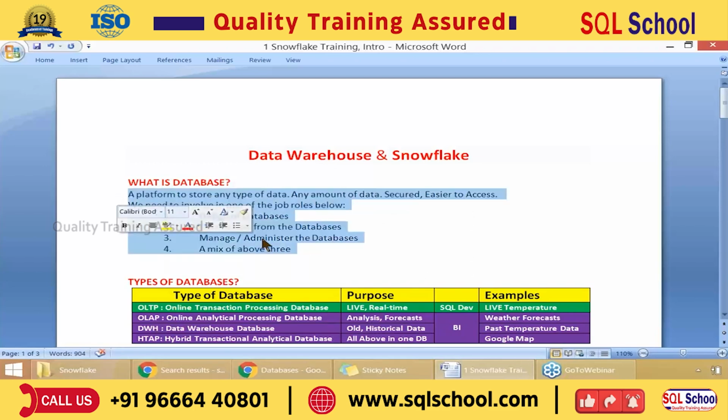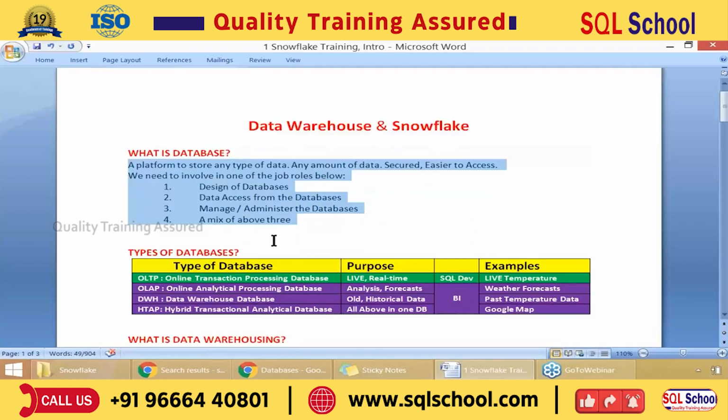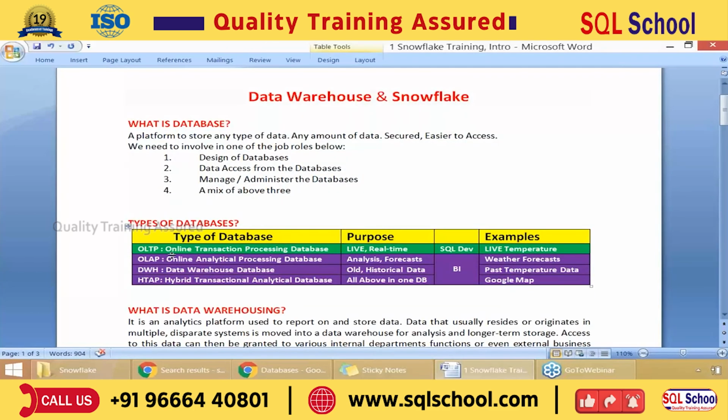With this information, there are basically three different types of databases: OLTP database, OLAP database, data warehouse, and HTAP, a mix of the above three.